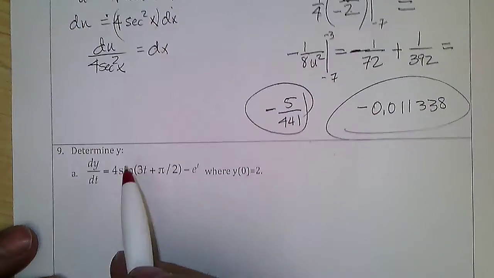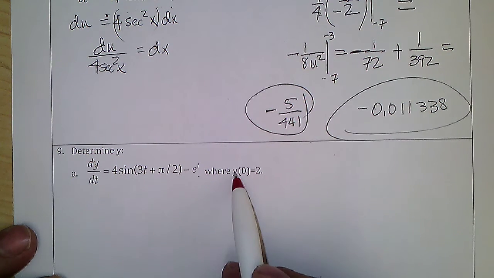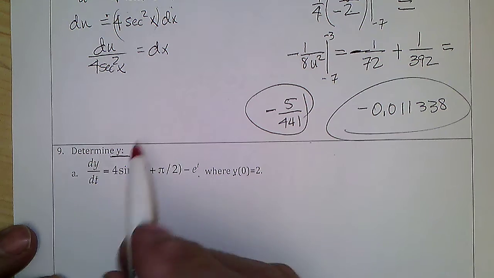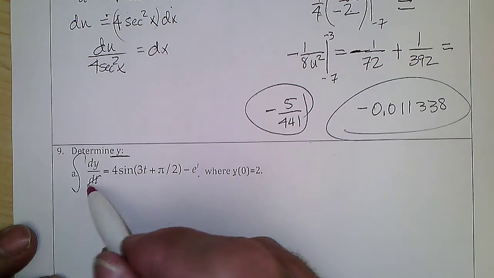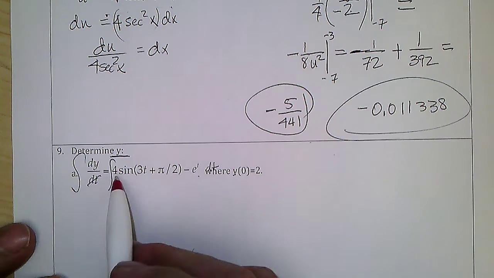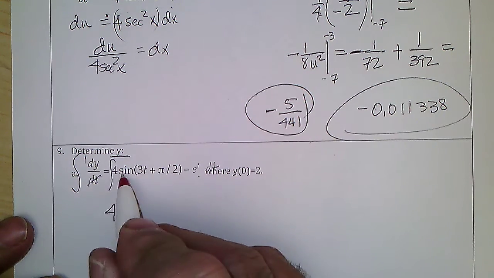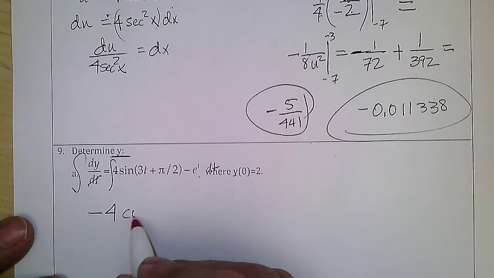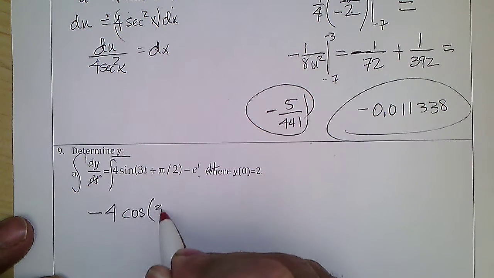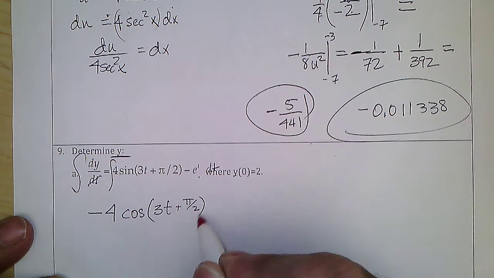Okay, the last problem. Well, I got the derivative of y is this, and I want to find out what y is. Determine y, so I've got to integrate this, put the dt over here, and integrate this. The integral of sine with a 4 is just 4 negative cosine 3t plus pi over 2.